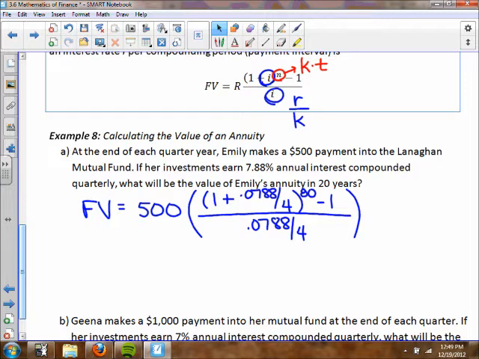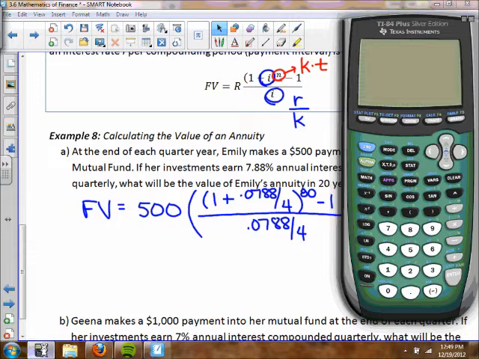Now, when you put these in your calculator, here's what I suggest. I suggest doing the numerator first. 1 plus 0.0788 divided by 4. Carry that to the 80th power. Subtract 1. Divide this by parentheses 0.0788 divided by 4.